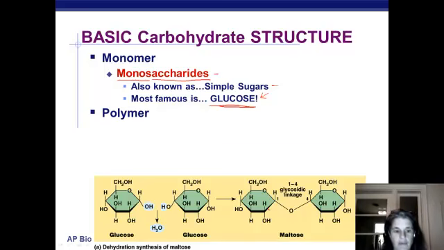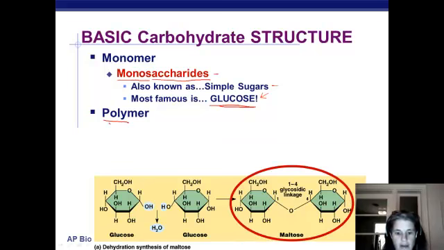Now, the word polymer, we remember that one. Poly means many. When we fuse these together by removing water in a dehydration reaction, we are going to create a covalent bond here. This is really not a polymer yet, because poly means many and this doesn't really qualify as many, but we're beginning to build a polymer here.